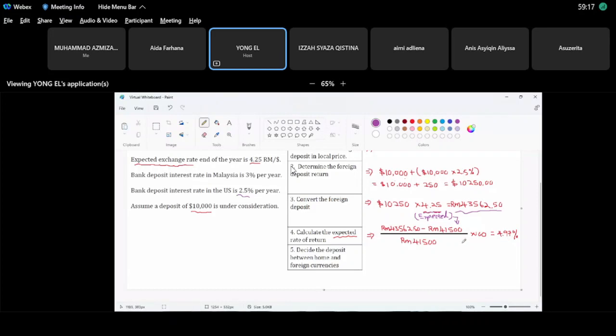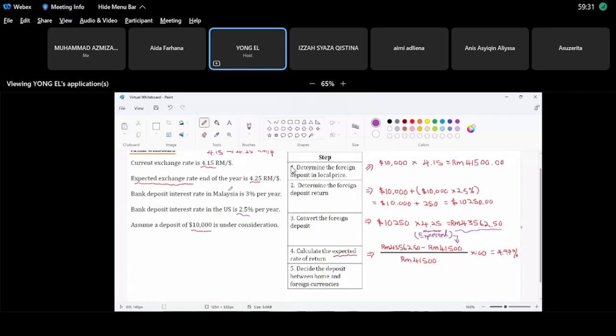The return is 4.97%. And lastly, we need to decide whether to choose home deposit or foreign deposit. From the information in the question, Malaysia offers 3% per year of interest rate.